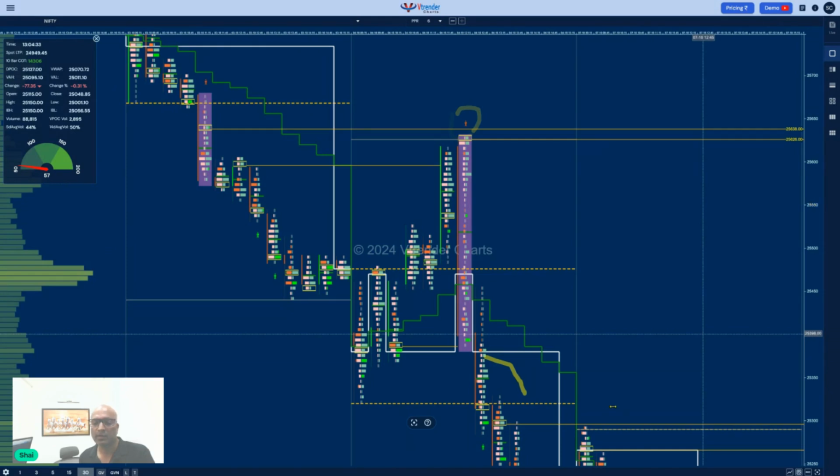This is a simple setup. It gives you the advantage of taking information from people who are putting in a lot of market orders and are in a hurry to execute in the market, right? So this is what we call initiative selling patterns. And the opposite of an initiative selling pattern is an initiative buying pattern.